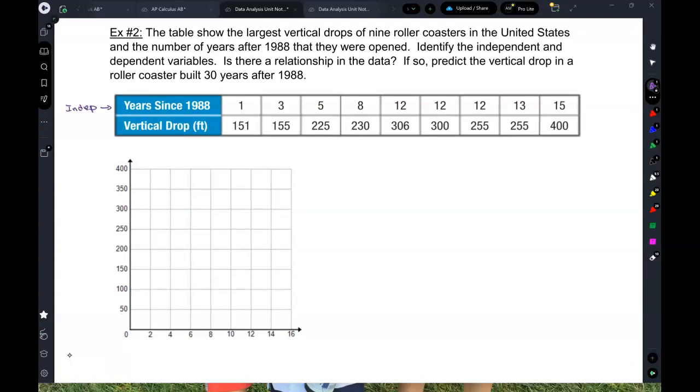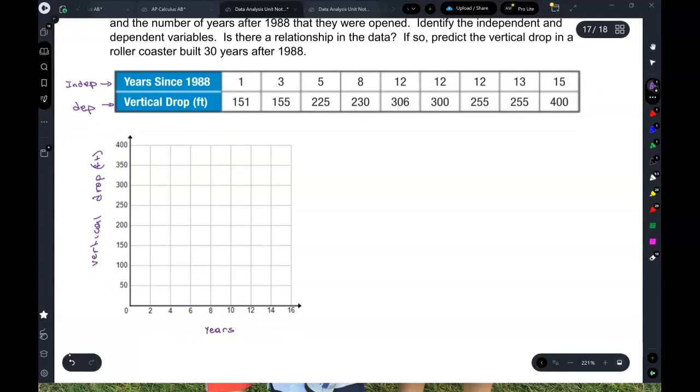And remember, the independent variable always goes on the horizontal axis. And then the dependent variable is the vertical drop. That always goes on the vertical axis. So this is the vertical drop in feet.